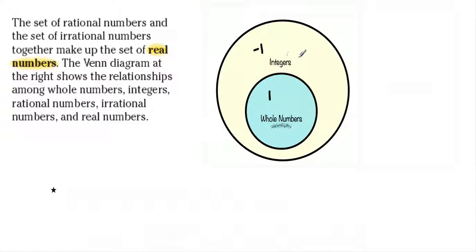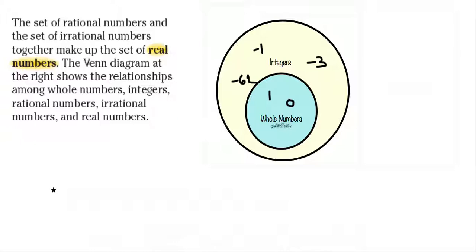A good example would be negative 3. It is an integer, but it's not a whole number. 0 is a whole number, and at the same time it's an integer. But if I say negative 62, that is an integer, but it's not a whole number.